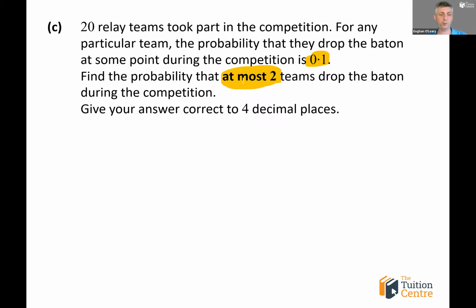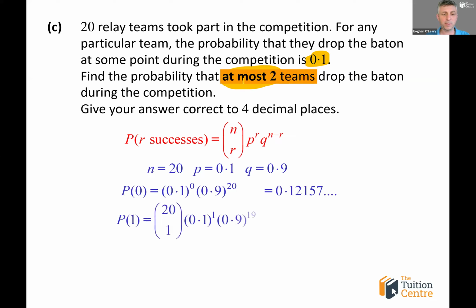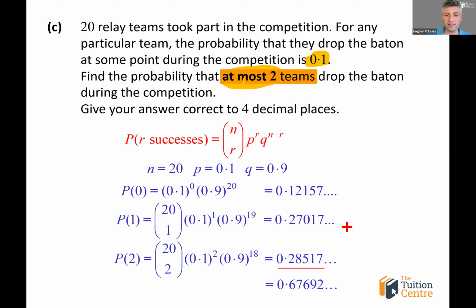At most 2 means 0, 1, or 2. So I can work out the probability that 0 teams drop the baton, the probability that 1 team drops the baton and 2 teams drop the baton, add them all up together, and I get my answer correct to 4 decimal places.